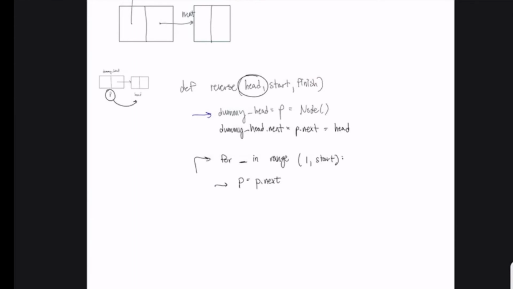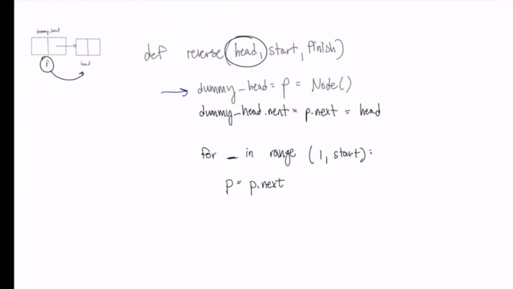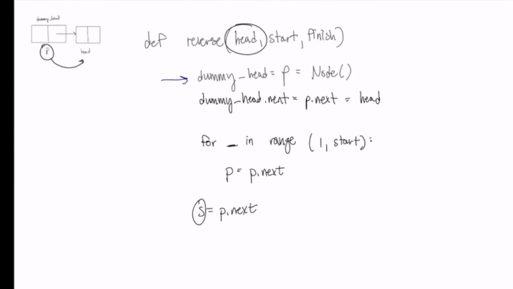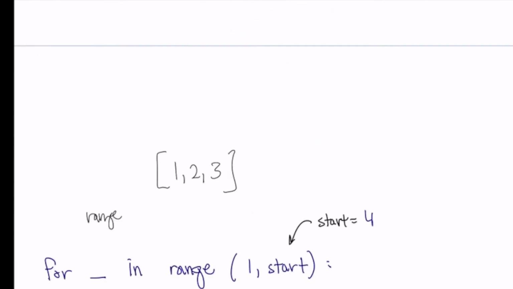we can now declare one more variable, which is s equals p.next, a variable that we'll be using as part of the reversal process that I'll explain later on. But s will always be in front of p, at p.next, when this statement is declared.